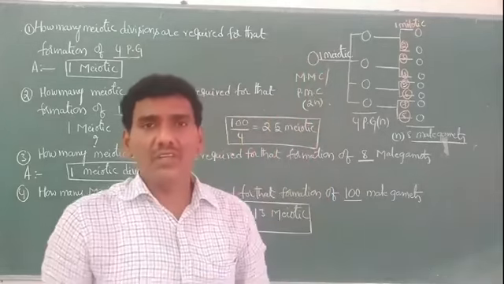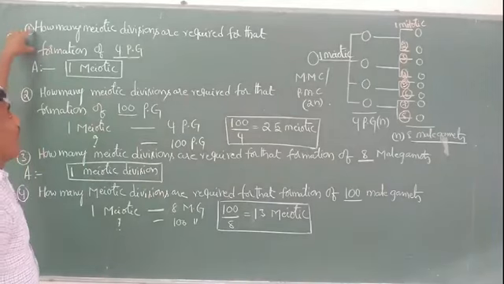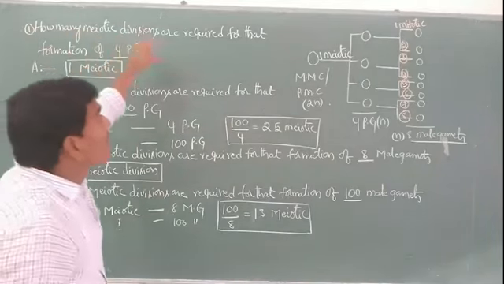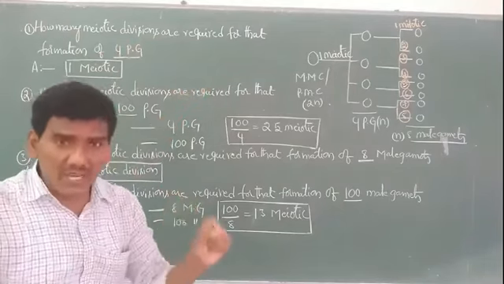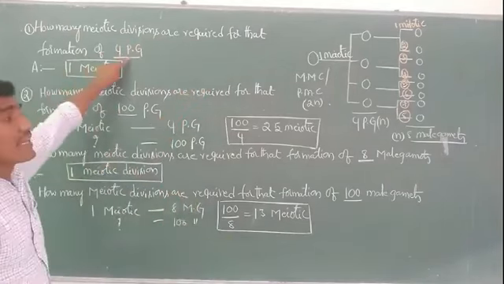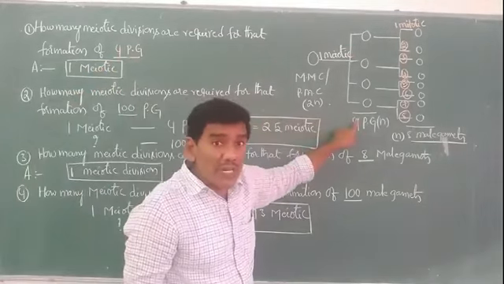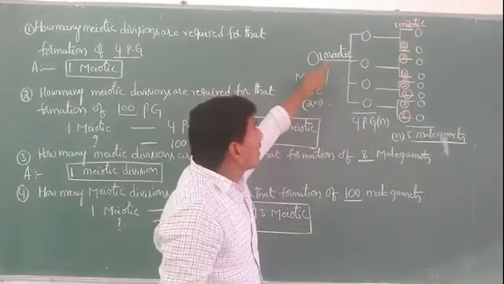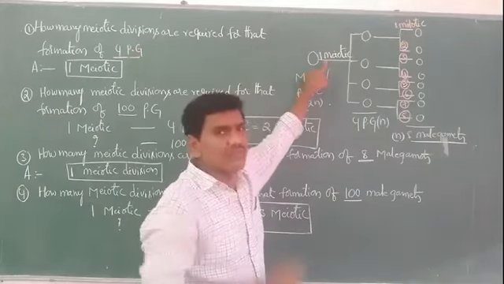First question: how many meiotic divisions are required for the formation of 4 pollen grains? 1 meiotic division.